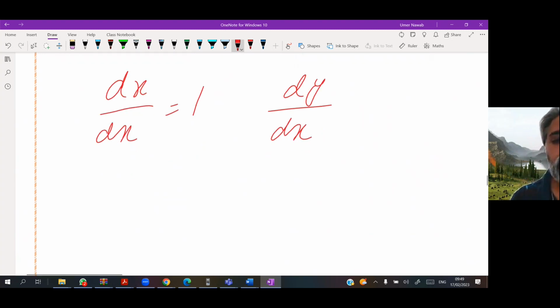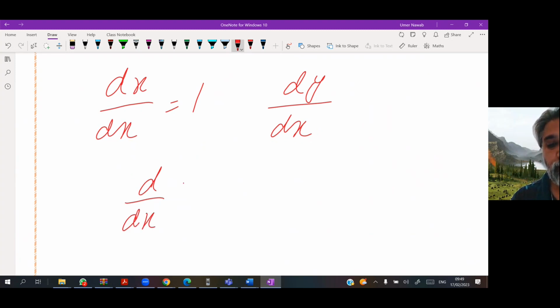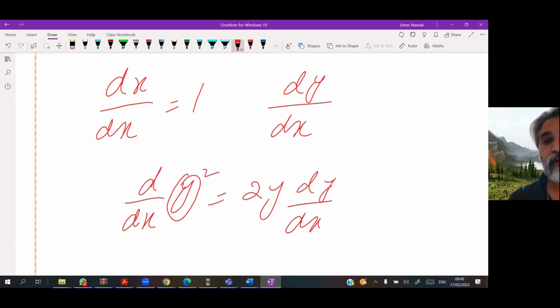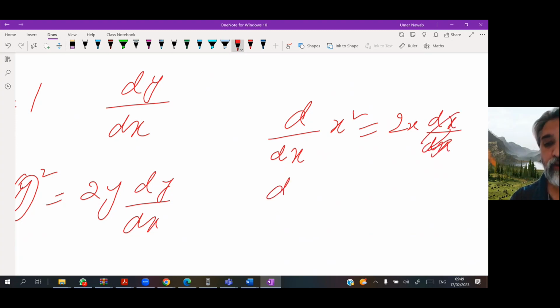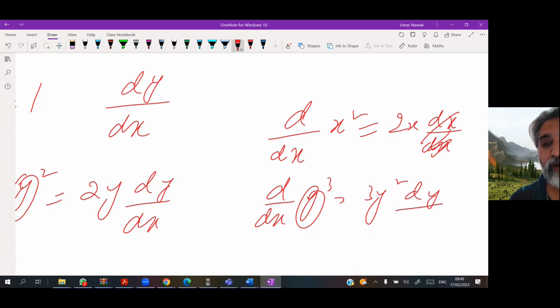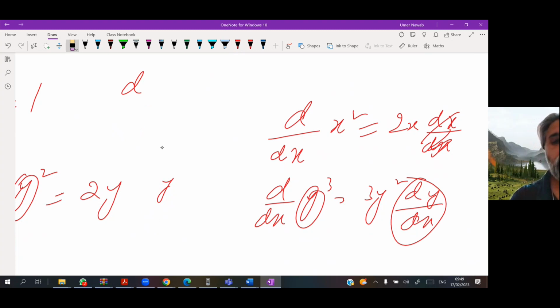If you are taking the derivative of y squared, just apply the power rule first. So 2y, and then the further derivative of y is dy by dx. But if you want to find the derivative of x squared, you simply say 2x. You apply the power rule and then you take the further derivative of x, which is 1, you don't write it. But when you take the derivative of y power 3, you write 3y squared and then further derivative of y, which is dy by dx, which is not 1. That's why you have to write it. So is it okay, guys?